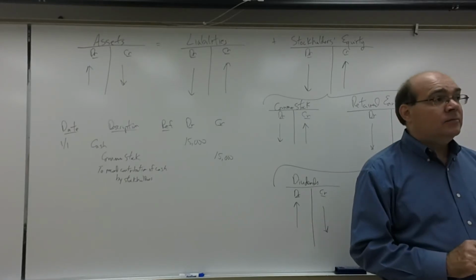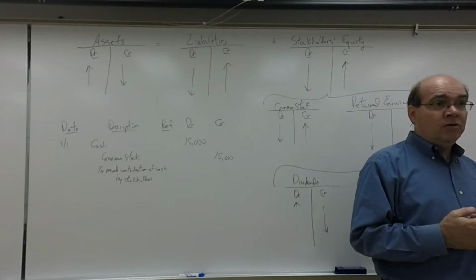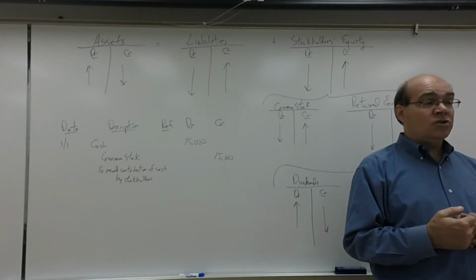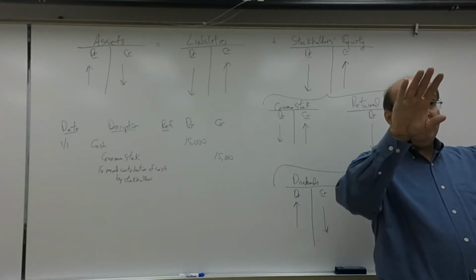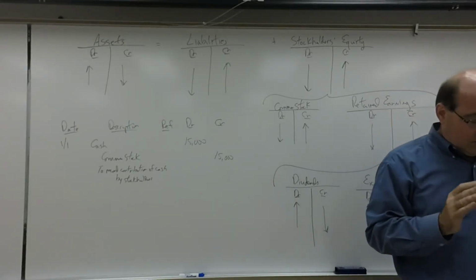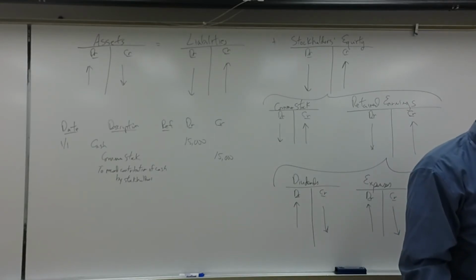That's a T account. And so that's what we're going to be doing a lot of in this class, is going through and using the T accounts where we do the ledger. So all the debits to an account will show up on the left side of the T account, all the credits will show up on the right side, and then we add those together to see what the outstanding balance is. And actually, you're going to be doing that on the test, so you'll need to kind of practice that a little bit.